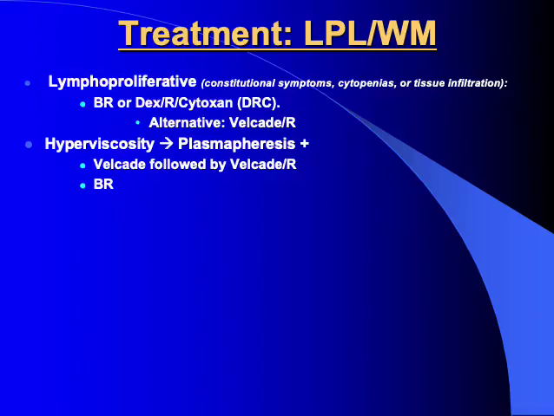Patients with hyperviscosity syndrome, the treatment of choice is plasmapheresis plus immune therapy or even chemotherapy. But plasmapheresis is the treatment of choice for hyperviscosity syndrome due to Waldenstrom macroglobulinemia.